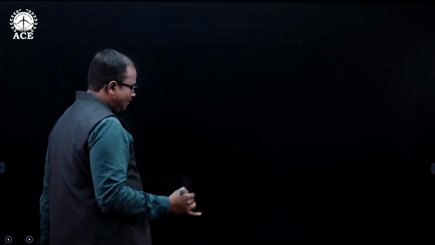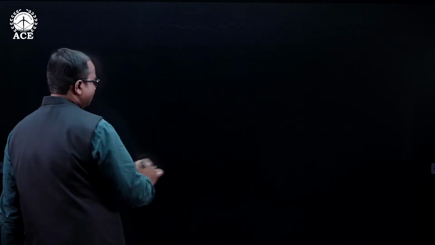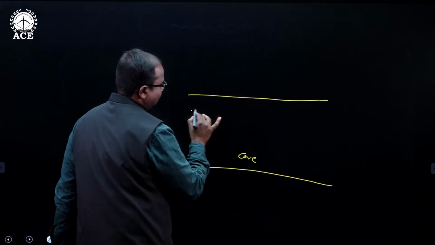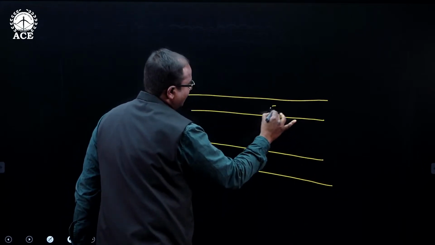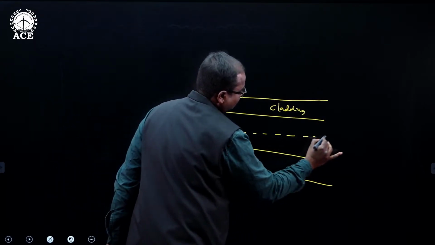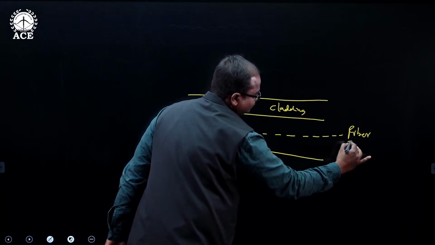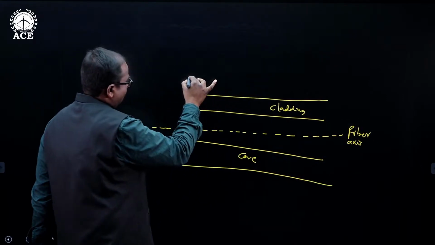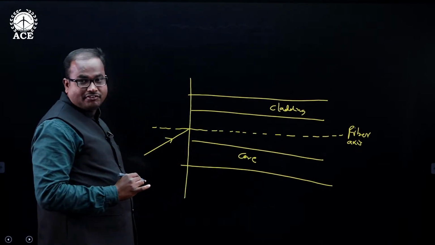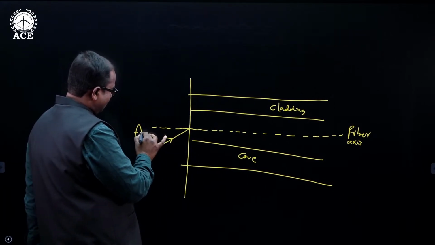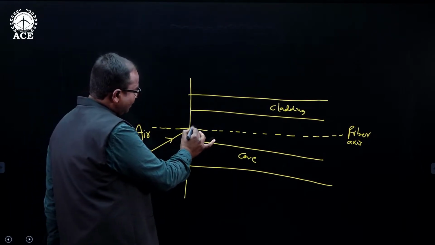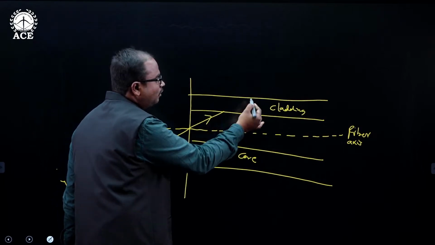Now, what happens here? This is core, this is cladding, and this is the fiber axis. When the light ray is launched from air medium, the light ray is trying to go from core to cladding.